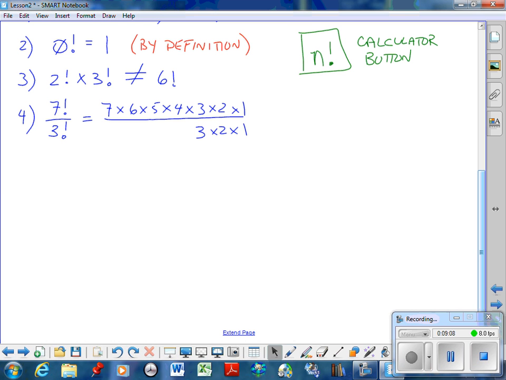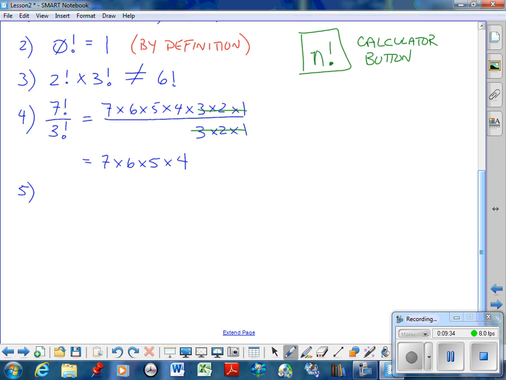Whatever you do at the top, if you do the same thing on the bottom, they cancel each other out. So this just simplifies to 7 times 6 times 5 times 4. So when you do that division, whatever you're dividing by cuts off the tail end of it.